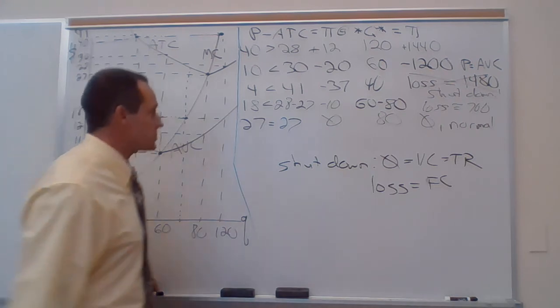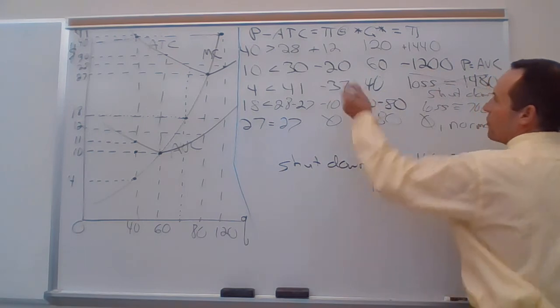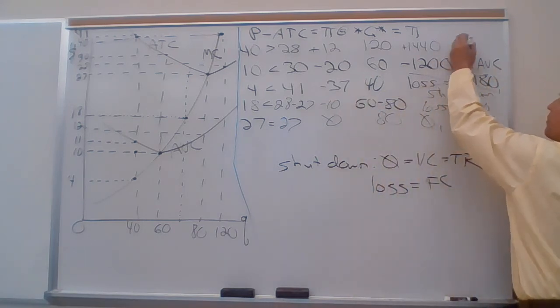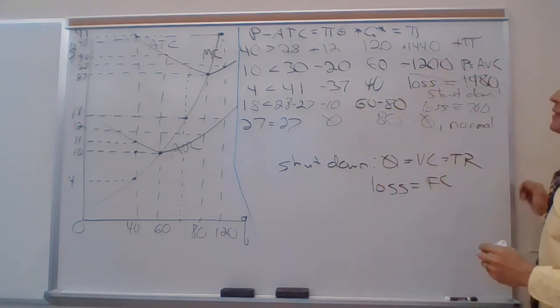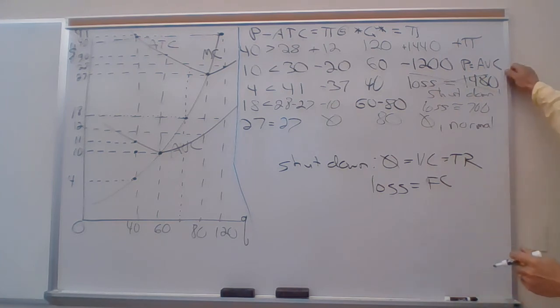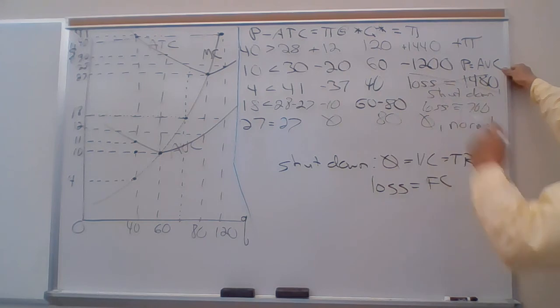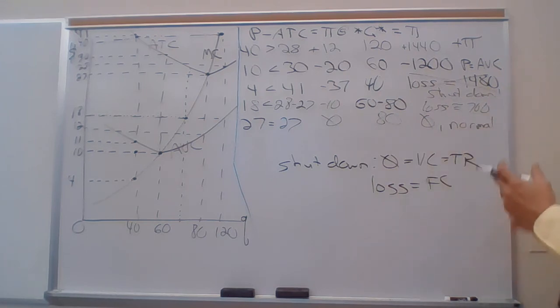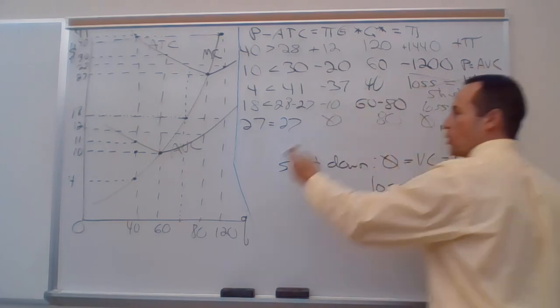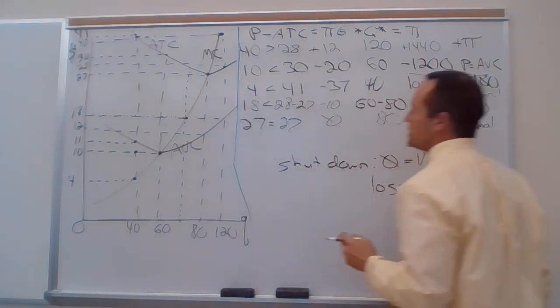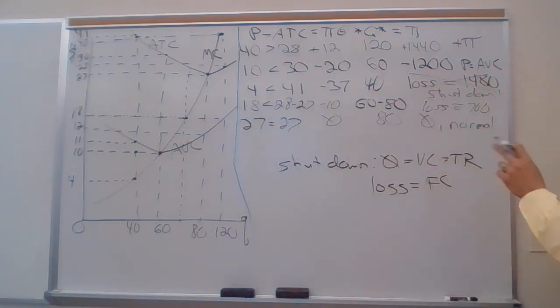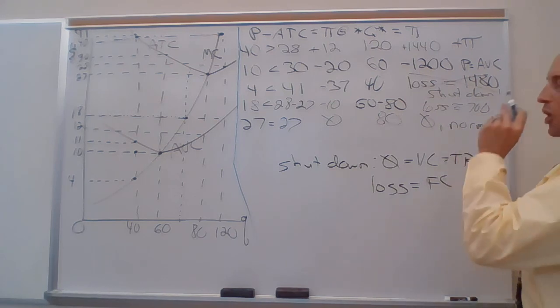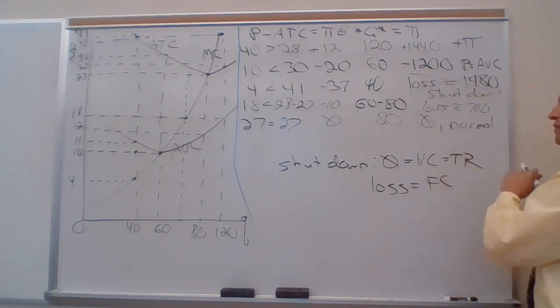So our $40 price provoked a positive profit. The $10 price brought about our maximum operating loss. The $4 price, if we accepted it, would result in an operating loss greater than fixed cost. So the $4 price being underneath AVC provokes a shutdown. The $18 price would cause a loss, but one smaller than fixed cost.